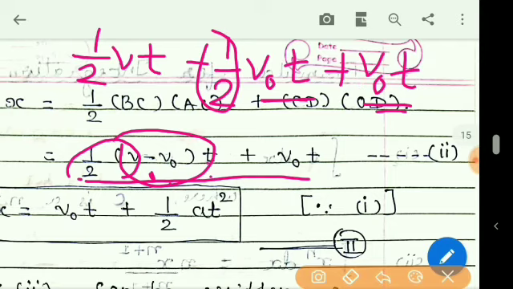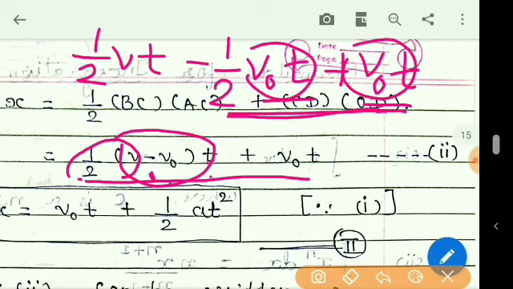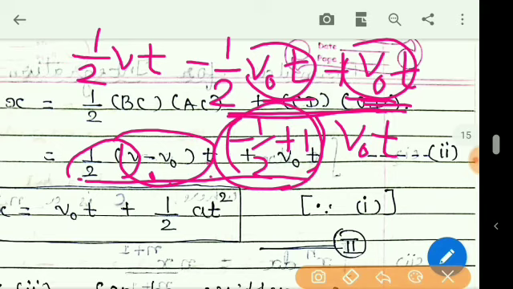In short, if we solve these two, take v naught t common in both. If v naught t is common, what will remain in the bracket? Here it will be minus 1 by 2, and in the second term plus 1. So 1 and minus 1 by 2, what will remain? 1 by 2.